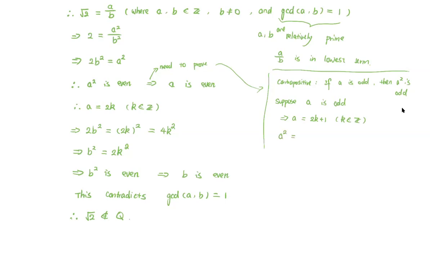Then a squared equals (2k plus 1) squared, which equals 4k squared plus 4k plus 1, which equals 2 times (2k squared plus 2k) plus 1. So this shows that a squared is odd. Side proof.